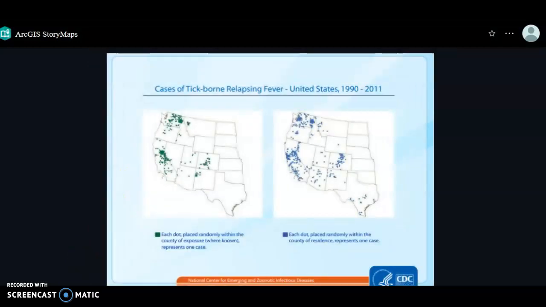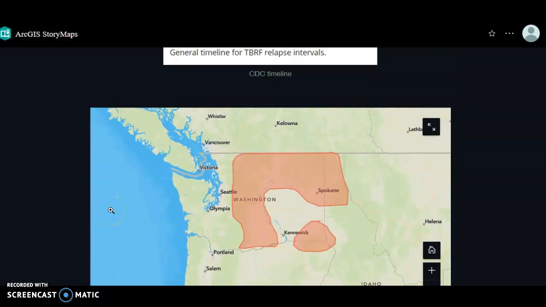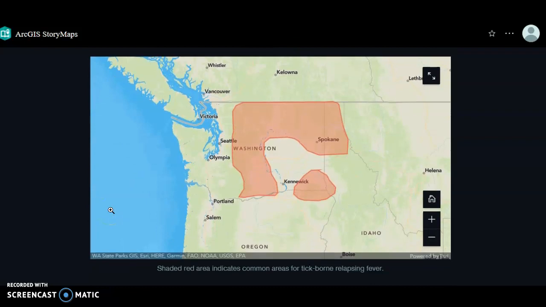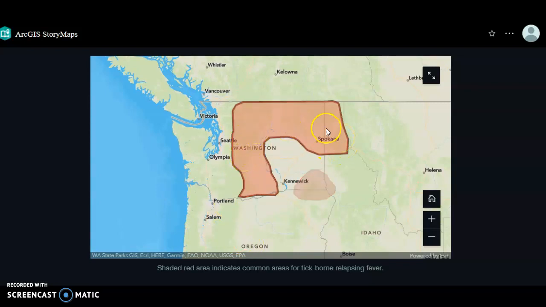We'll go screen kind of, there we go. In Washington, you can see where quite a bit of our exposures are within the state. This is where the majority of our warmer coniferous forests are at, or more higher elevation. We have in the center the Central Cascades, up and around. These are more upper basin.